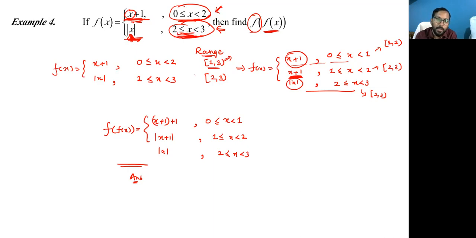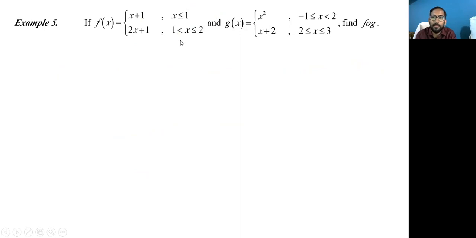Let's check one more example. Here it is given that f of x equals x plus 1 for x less than or equal to 1, and 2x plus 1 for x belongs to 1 to 2, so the domain will be less than or equal to 2. And g of x equals x square for minus 1 to 2 and x plus 2 for 2 to 3.